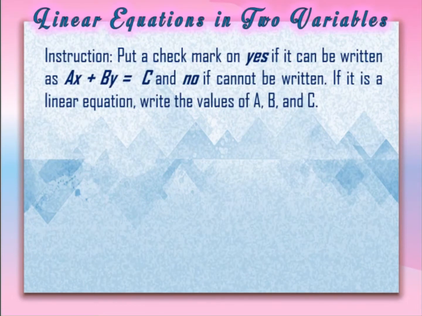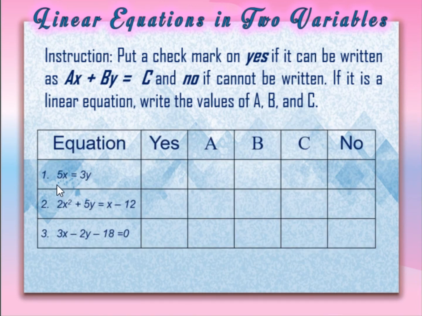Put a check mark on yes if the equation can be written in standard form, ax plus by is equal to c, and no if it cannot be written. If it is a linear equation, write the values of a, b, and c. So we have here equation 1, 5x is equal to 3y. Can you change this to standard form?